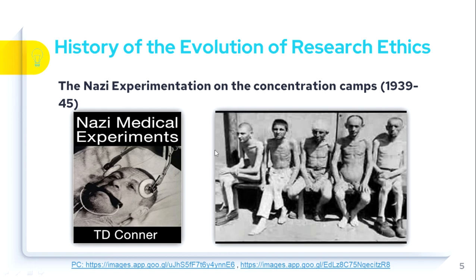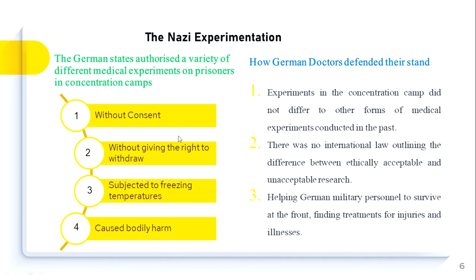In this picture you can see how the experiment was conducted, and this was how it was conducted. The German states authorized a variety of different medical experiments on the prisoners in the concentration camps. The experiments were conducted without any consent from the participants, without giving them the right to withdraw from the research, and they were even subjected to freezing temperatures and bodily harm.